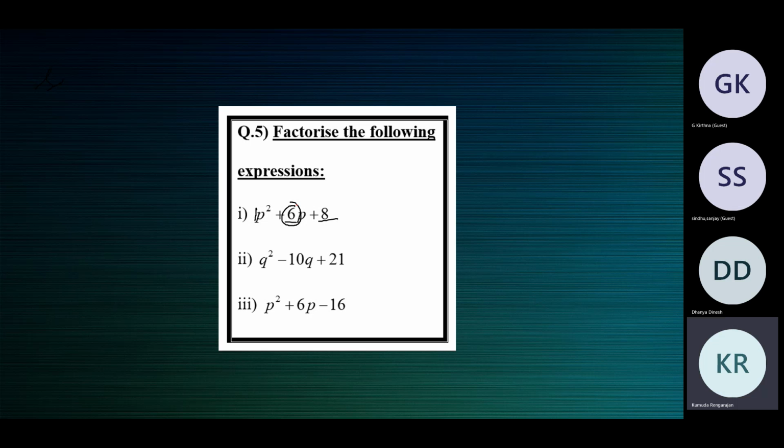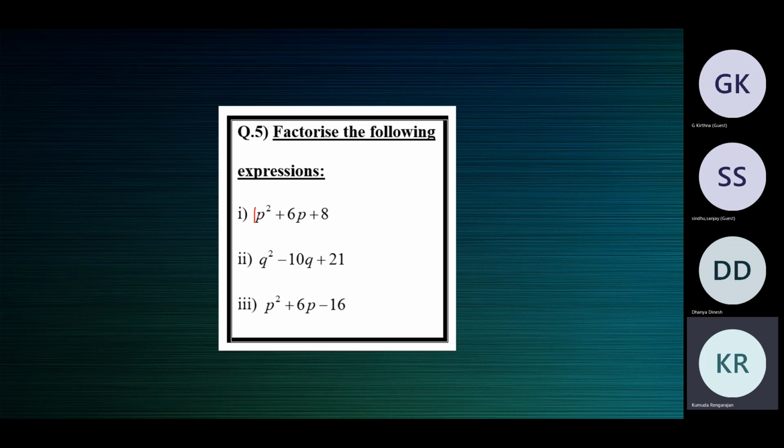The sum is the coefficient of the middle term, which is 6. The product is the product of the remaining two numbers, 1 into 8, 8. So these are the coefficients 1, 6 and 8.